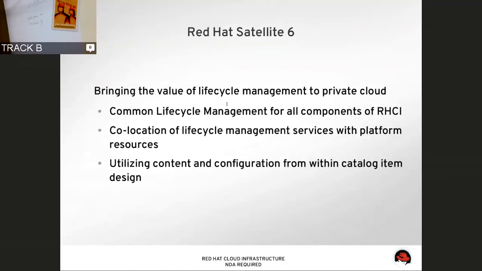One of the things where we can really go above and beyond everybody else in the industry is being able to show a common way of not only deploying, but updating data center virtualization based on RHEV, private clouds based on OpenStack, and our cloud management platform, right?